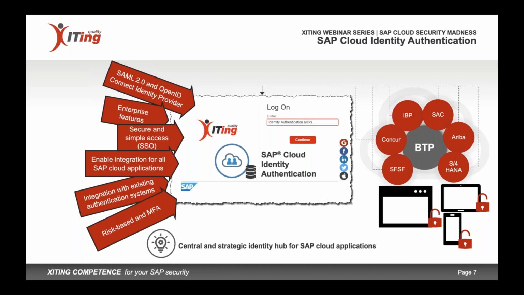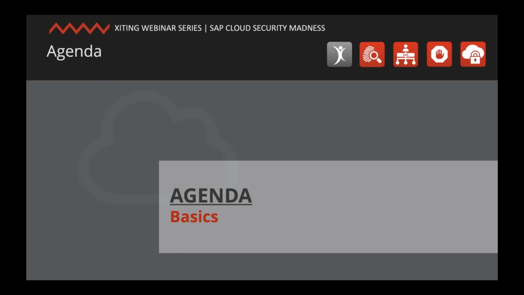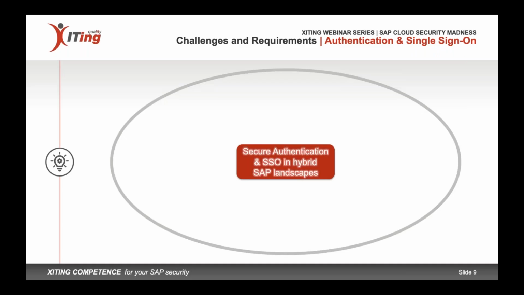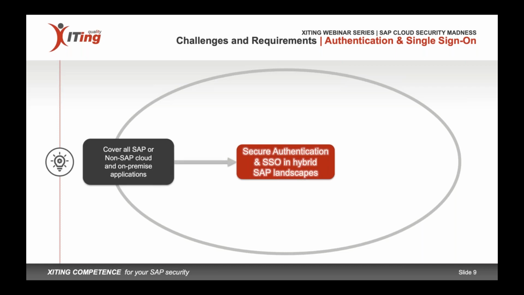But before we really dive deeper into that component, we start with some basics first. And first of all, when it comes to authentication, the target is always to design a holistic solution concept that takes really all implications into account. So you look at the requirements typically for secure authentication and for single sign-on in such hybrid landscapes.